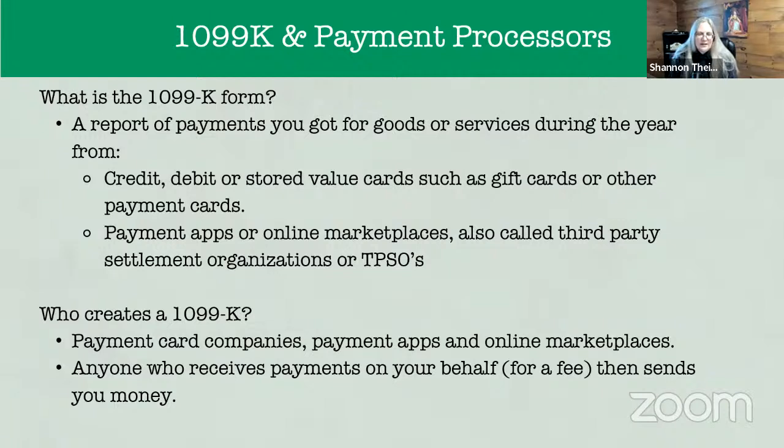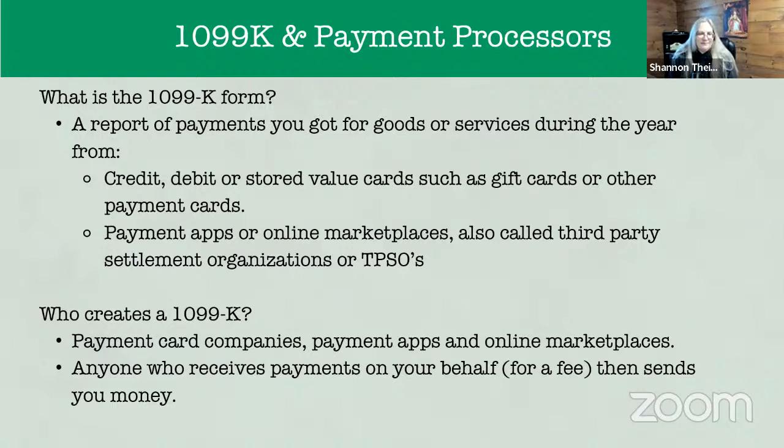1099K is issued when payments are made by credit, debit, stored value cards such as gift cards or other payment cards, payment apps, and online marketplaces, also called third-party settlement organizations. The 1099K is created by the merchant service or payment card company.